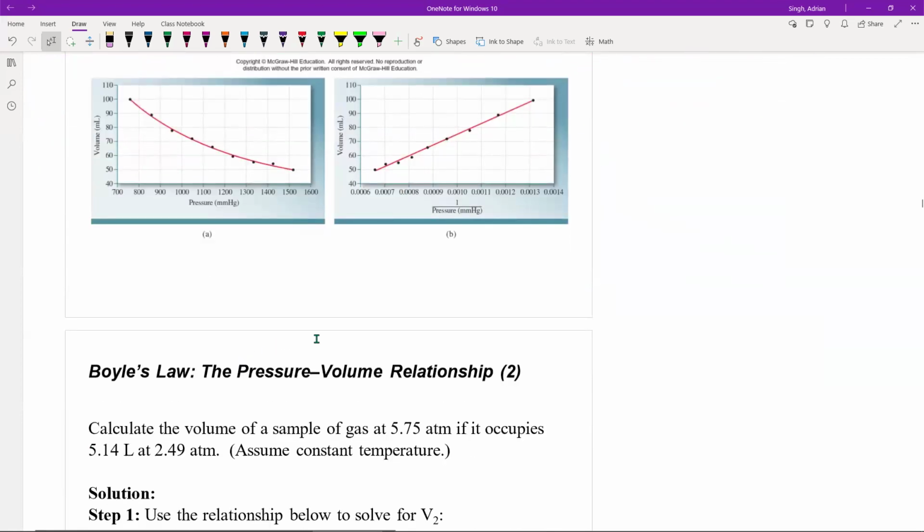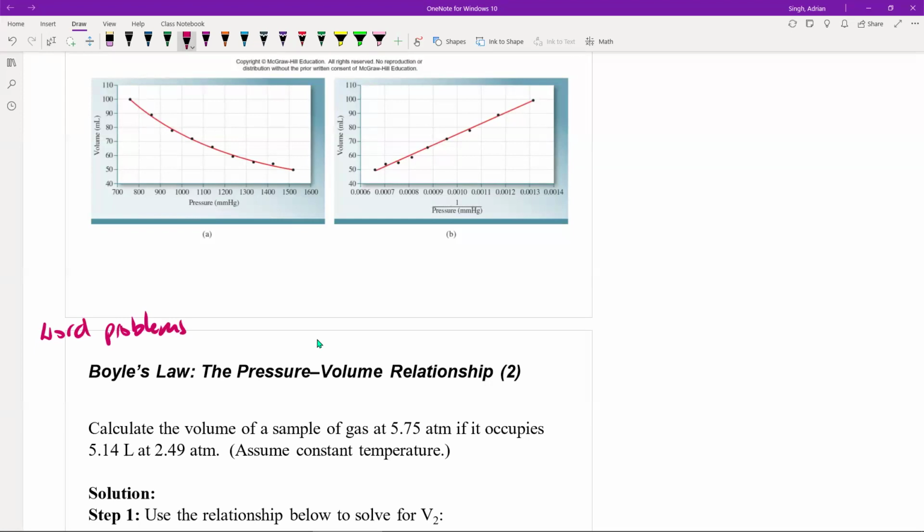So let's take a look at an example. And this particular example that we'll start with is the way that you want to approach all of the gas law problems that we're going to see from this point onwards. You are not going to be told, this is your P1, this is your P2, this is your V1, this is your V2. No, these are all word problems typically that you're going to be posed with.